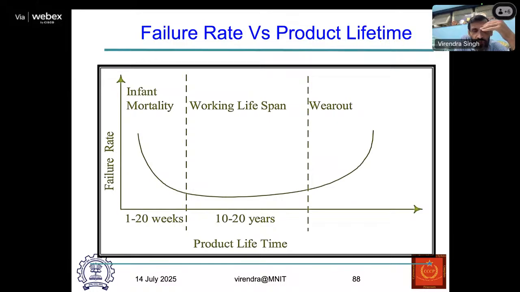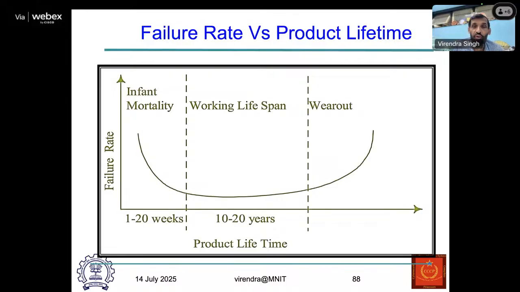The chips which survive that period can then work well for 5 to 10 years, and after 10 years you start to get wear out, and you will start to get some chips failing. Those failures come because of the aging of the devices. It's not only humans who age, all electronic devices also age.